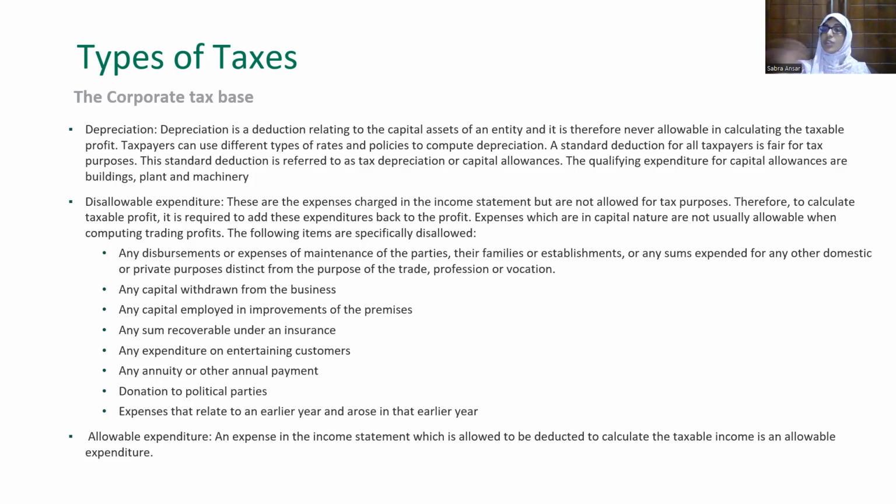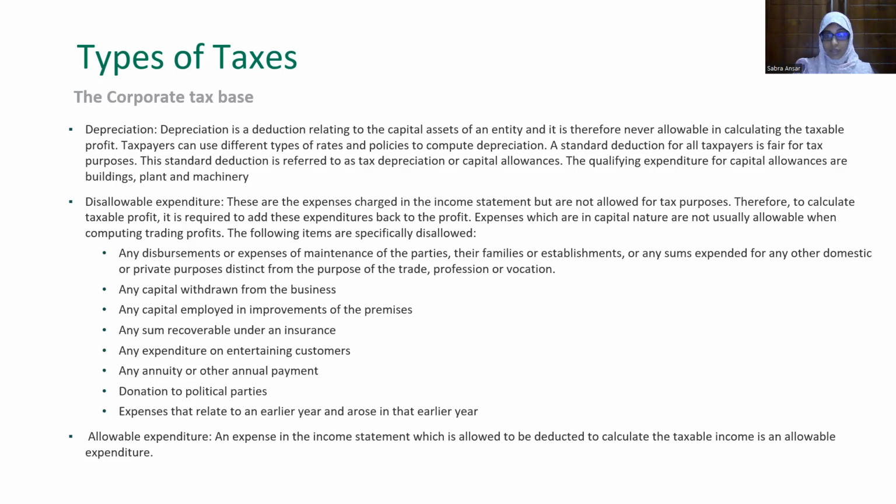So after reducing that, the taxation can be calculated for whatever is remaining. So those are the allowable expenditure. When it comes to disallowable expenditure, anything that is not allowed is obviously disallowable.